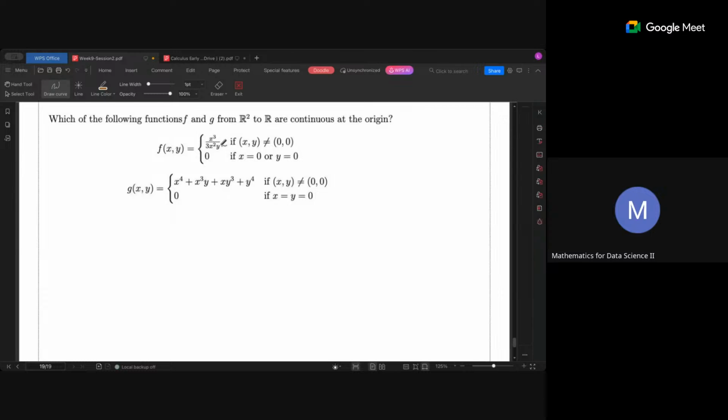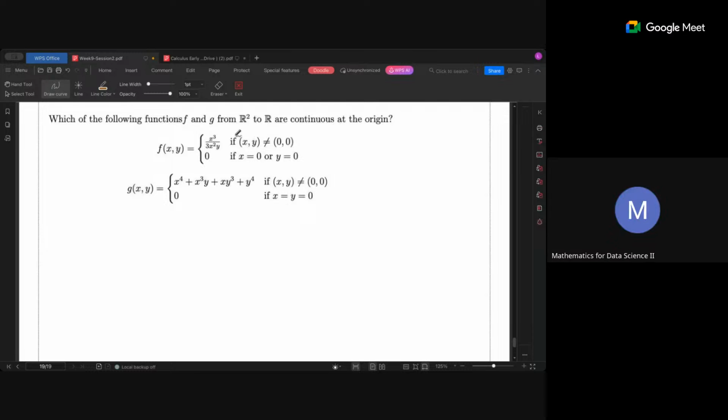Is this function continuous at the origin or not? What is your guess? No. Okay, how do we prove that it is not continuous? First we have to prove it is continuous at every point other than 0. Then we have to check for (0, 0).